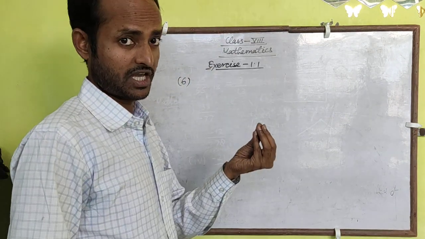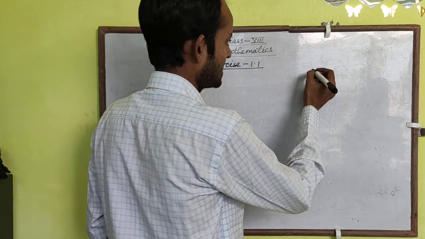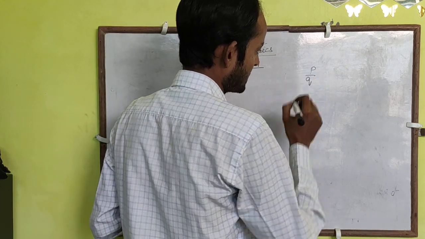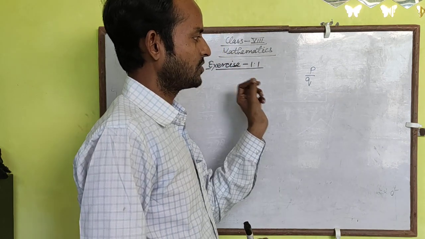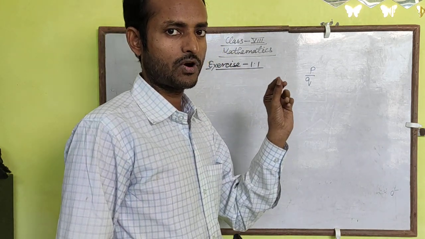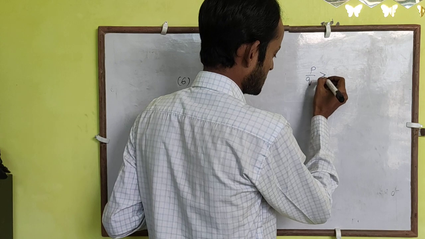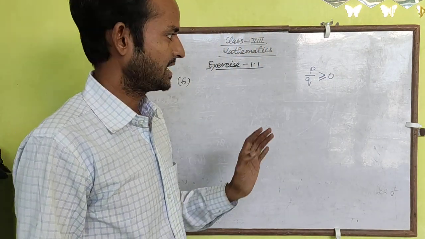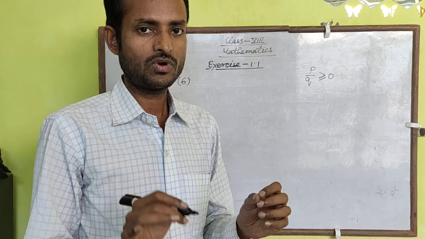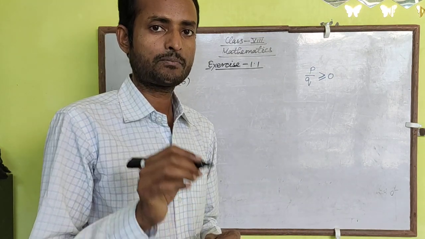The meaning of absolute value is that if P upon Q is any rational number, then the absolute value of P upon Q will be greater than or equal to 0. It means it is always a non-negative number.